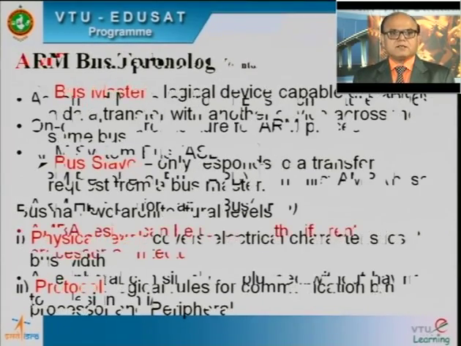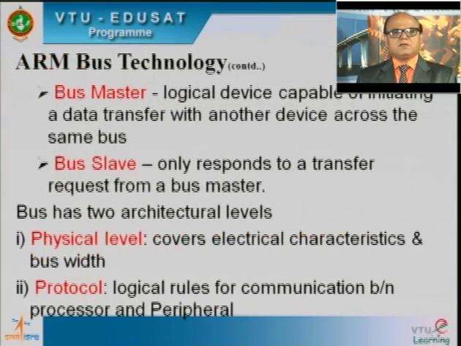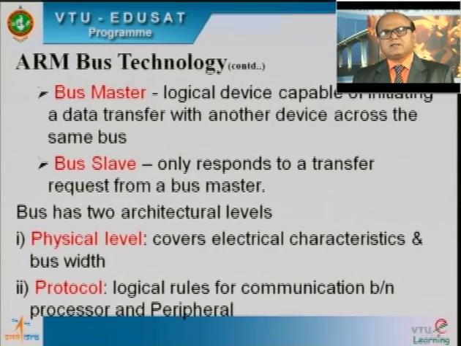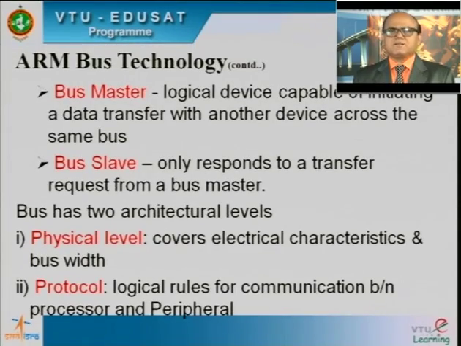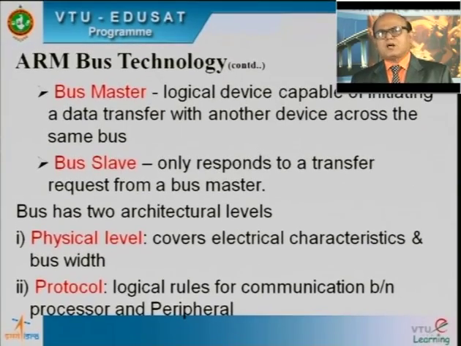The physical level, that is the electrical characteristics of the bus, is decided at the time of design by the silicon manufacturers, whereas ARM has an IP license design which gives only the IP licensing. They give only the protocols, or the design of only the protocols.